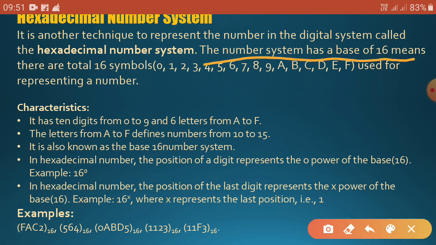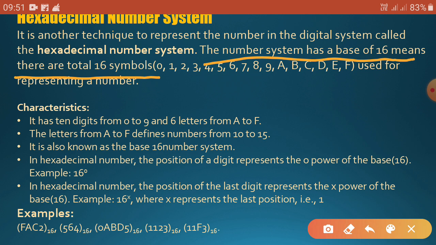The base of 16 means there are 16 symbols. So the base represents the symbols. In the binary number system we have 2 symbols, octal 8 symbols, decimal 10 symbols, and hexadecimal 16 symbols.